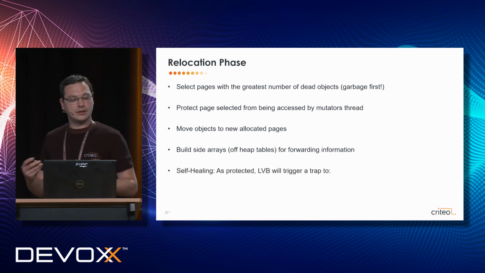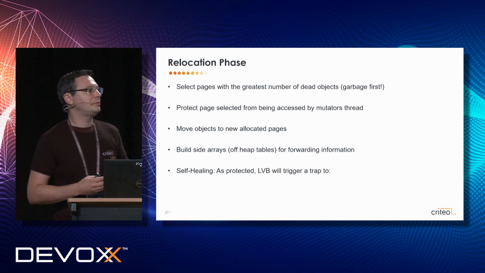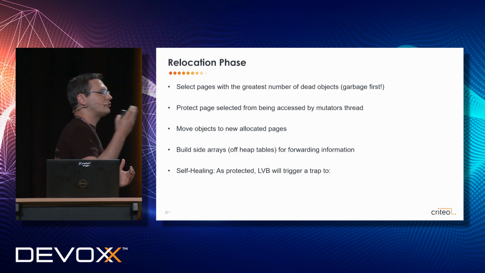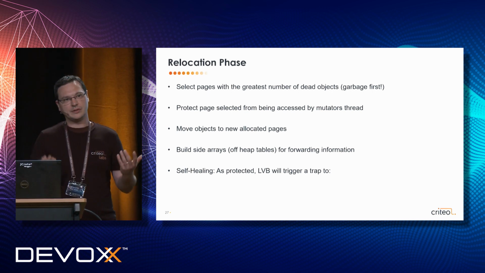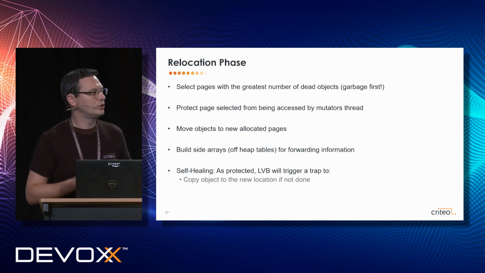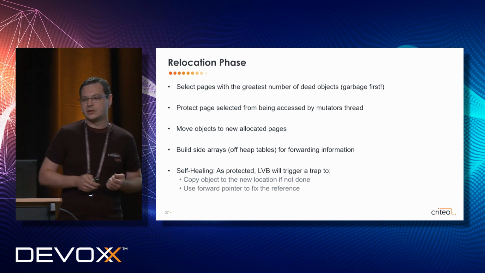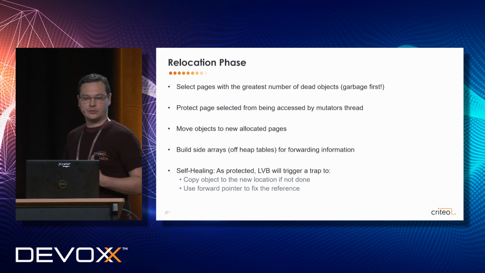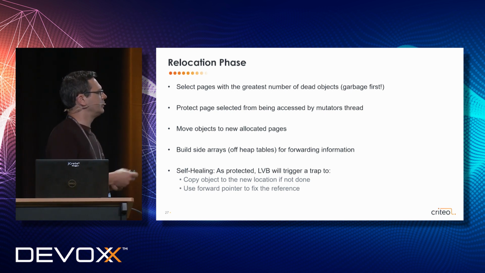And again, self-healing at that moment. As we have protected the page, if an application thread tries to access an object in this protected page, there is a trap, and the handler will fix it by copying the object to the new location and using the forwarding pointer to update and fix the reference that we are trying to dereference.